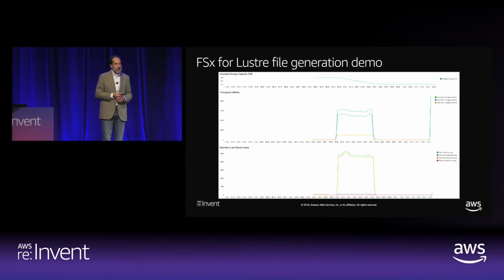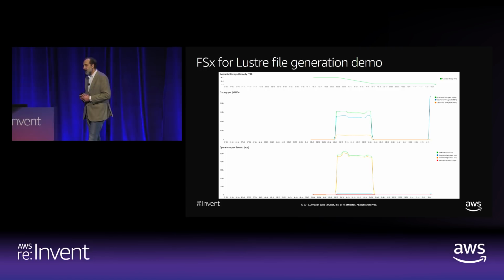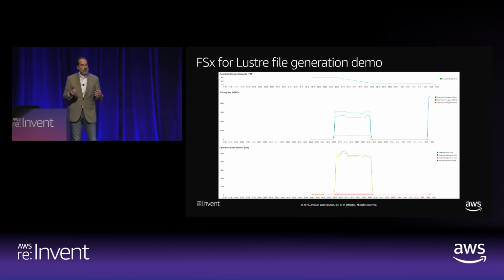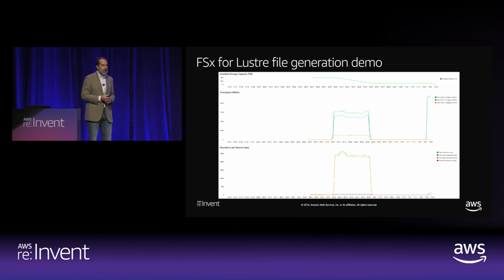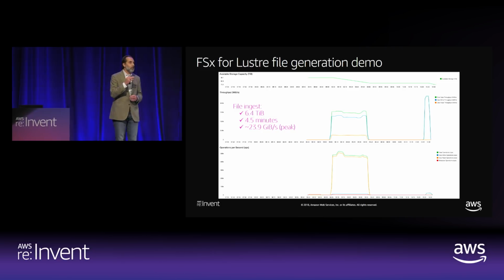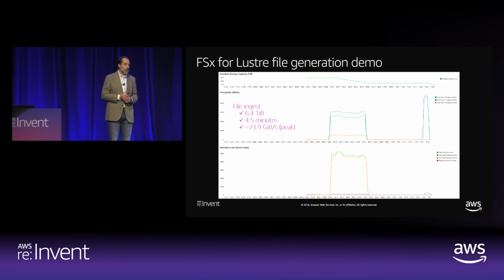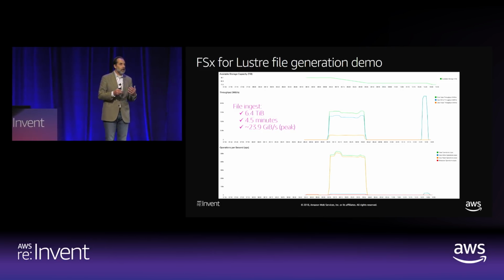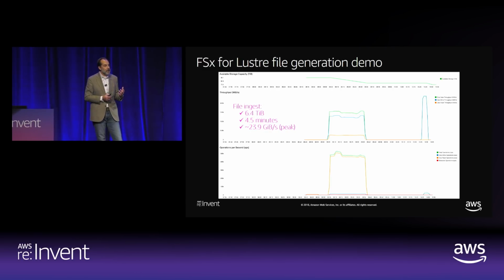So during my ingest of data that I generated from a fleet of these EC2 instances, we can see that we're able to achieve high levels of throughput, even well above the throughput that we achieved when we were importing the data directly from S3. So I generated 6.4 terabytes of data. It only took 4.5 minutes.